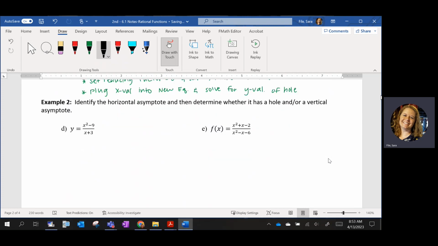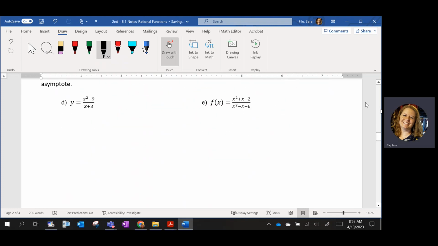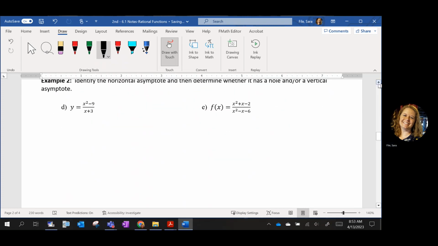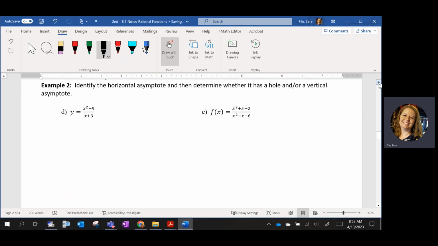So let's try this. We want to identify horizontal asymptotes and determine if there's a hole and or vertical asymptotes. So we first are going to factor. In my numerator here, this is a difference of 2 squares.